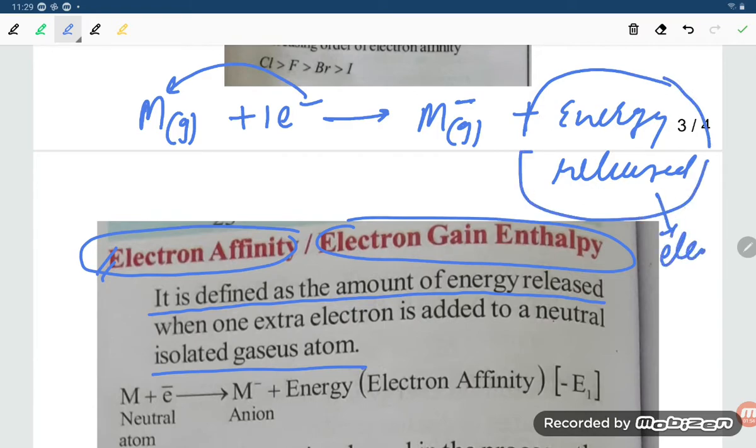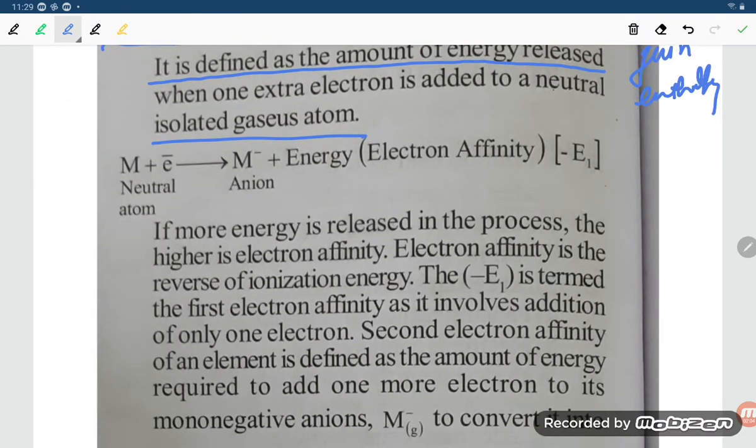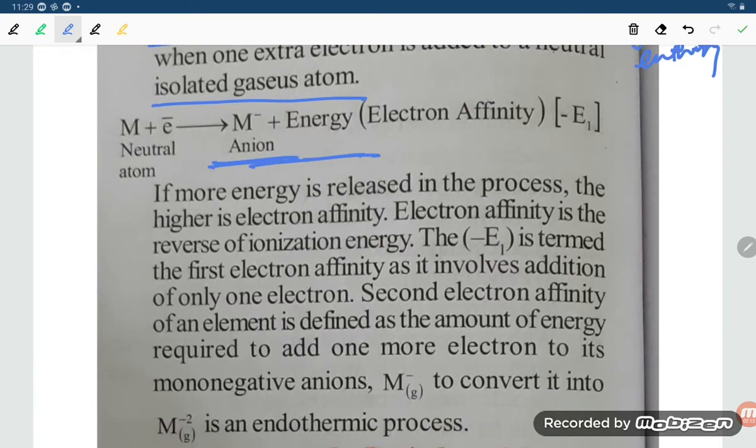This is the electron gain enthalpy. So electron gain enthalpy in simple terms, students: when the addition of an electron takes place, the energy released is known as electron gain enthalpy.